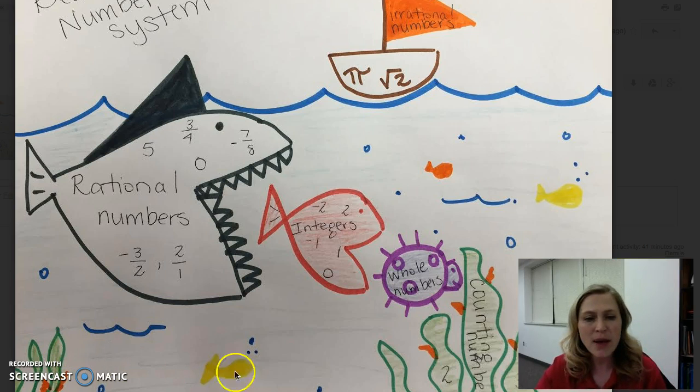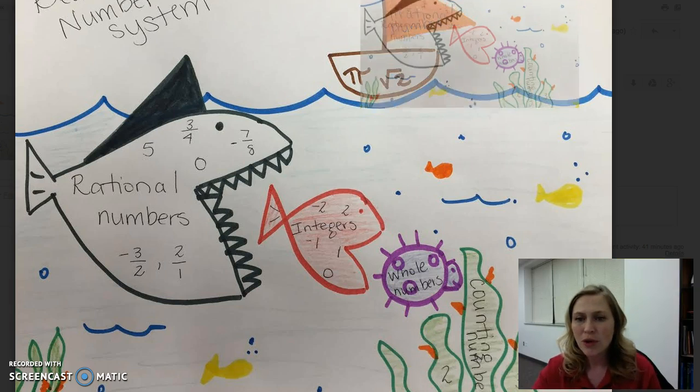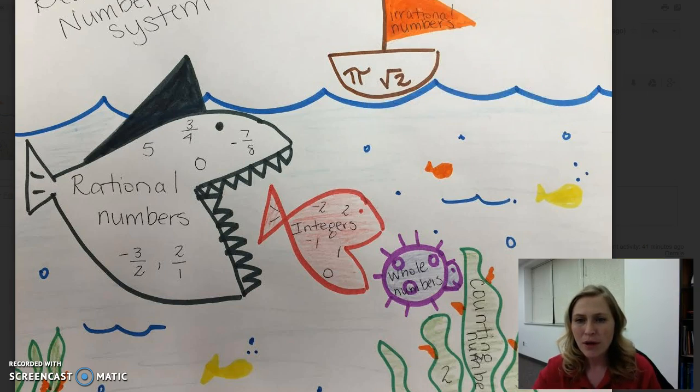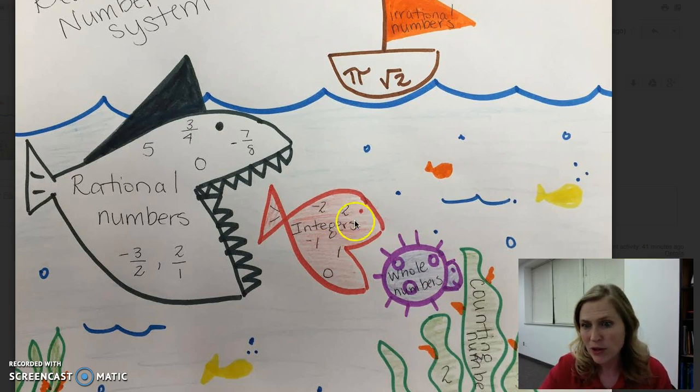Another really quick example is this one right here, kind of an underwater scene. So we start with our counting numbers right here, 1, 2, 3, and then this little fishy is eating these. So this little fishy includes all the counting numbers and then also the number 0. So this is the whole numbers. It has all the counting numbers and then the number 0. And then this fish was hungry, so it ate this fish.